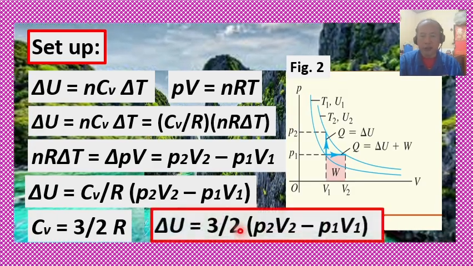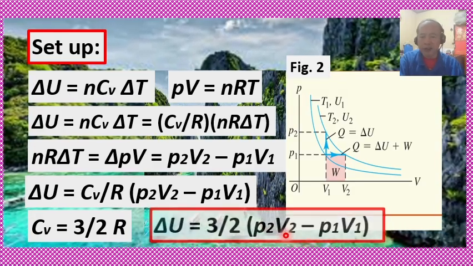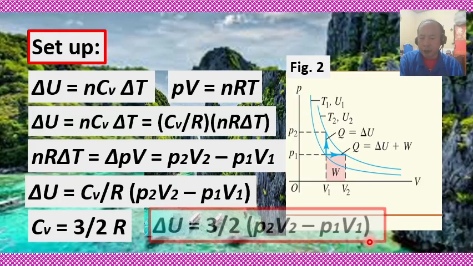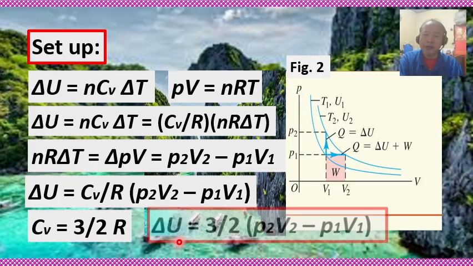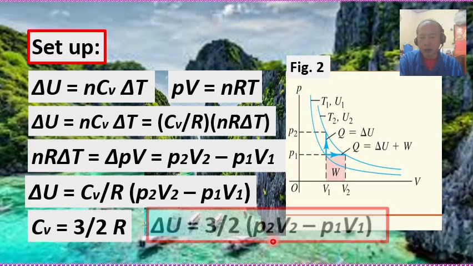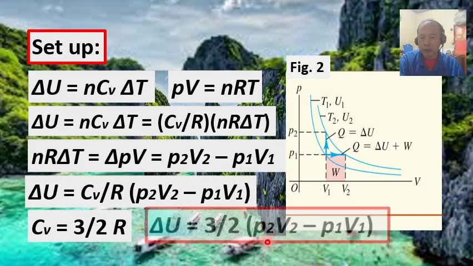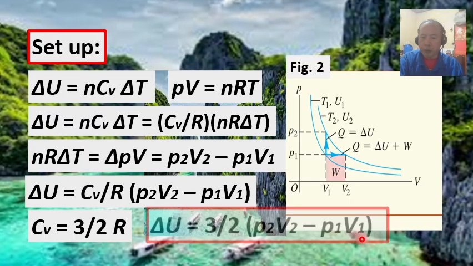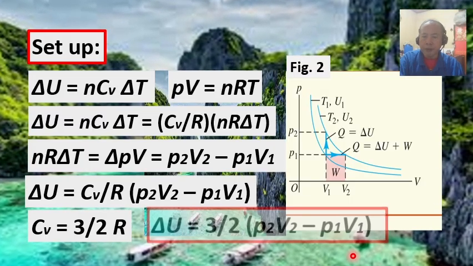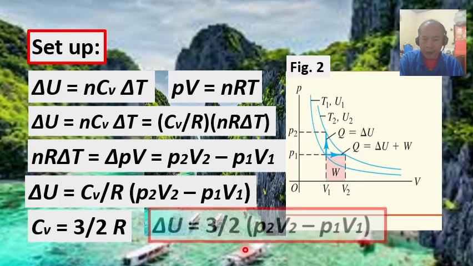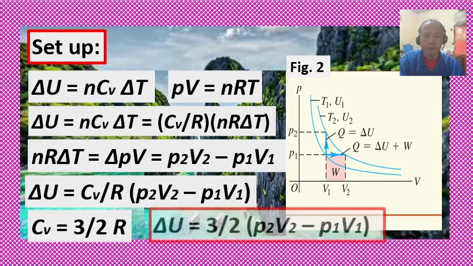So this is the desired formula that we want, because all these variables P2, V2, P1, V1 are given in the problem.